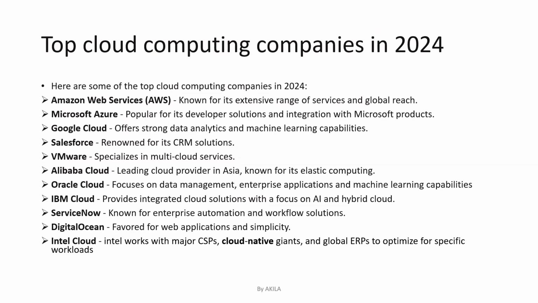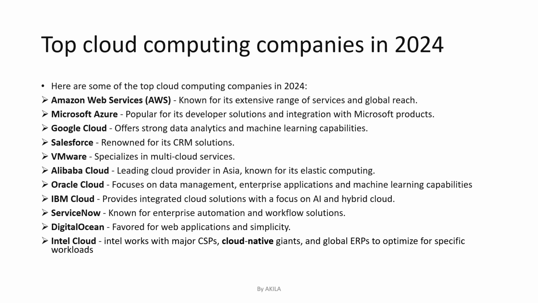And now we are going to learn what the top companies in 2024 are. This video is recorded in 2024, so according to that, what are the top companies? AWS, Microsoft Azure, Google Cloud, Salesforce, VMware, Alibaba Cloud, Oracle Cloud, IBM, ServiceNow, DigitalOcean, Intel Cloud.